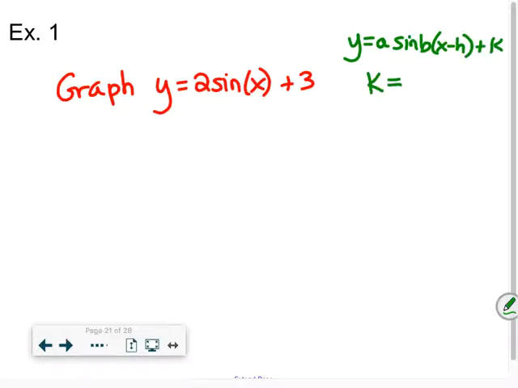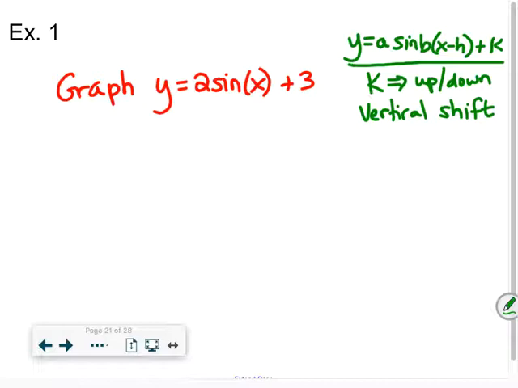K is the up-down, and we call it a vertical shift. And you'll see that I abbreviate that VS, vertical shift. The H is the left-right.